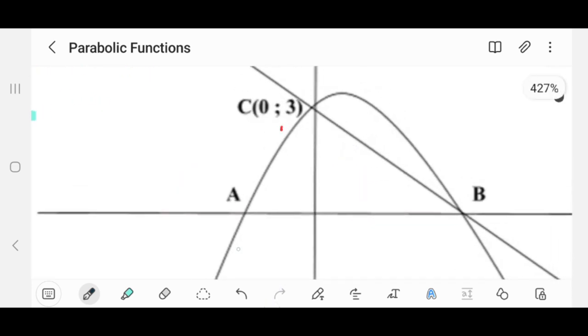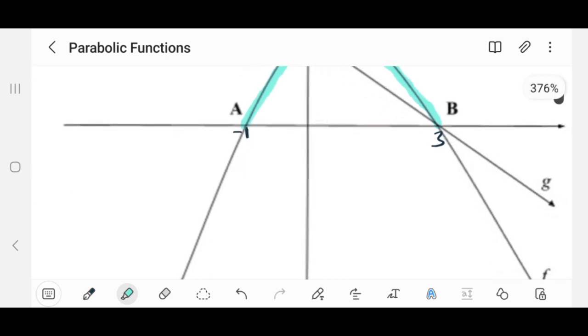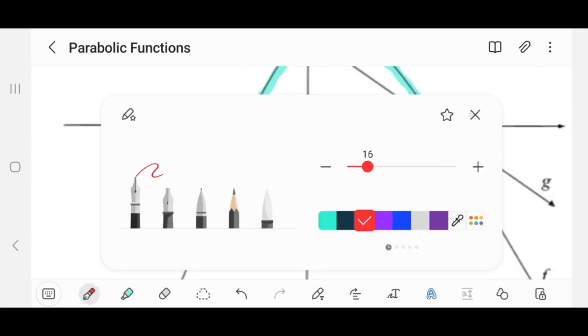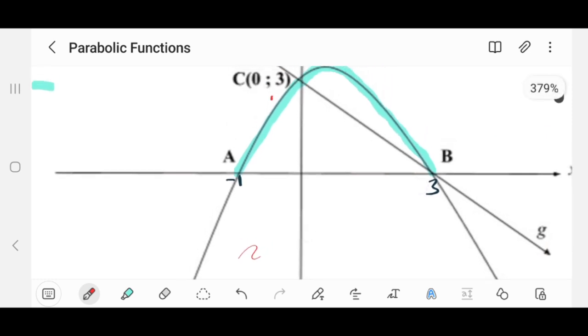So we already know the coordinate here is -1, and that one is 3. All right, so this, I'm going to highlight, is the part of the function that is positive. This one here is part of the function that is positive. And this part of the function will be in between -1 and 3, right?